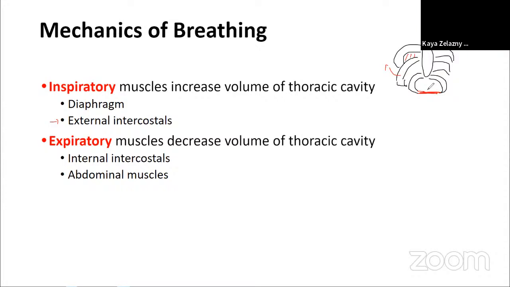So when it contracts, it's basically pulling everything in the thorax down. It's opening up the thorax, making more space in the thorax because it's like squishing that lump that existed before. So when the diaphragm contracts, the thorax gets bigger.